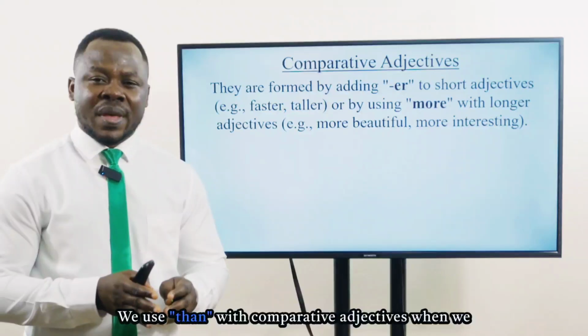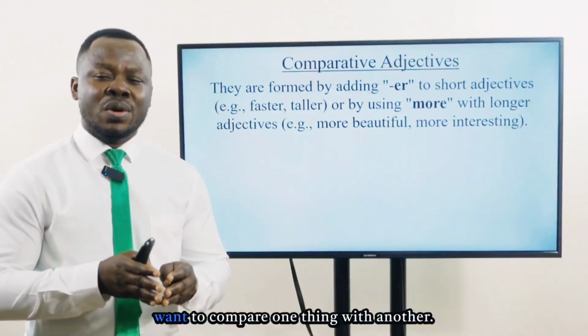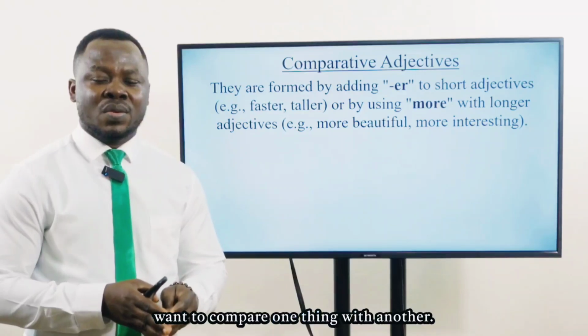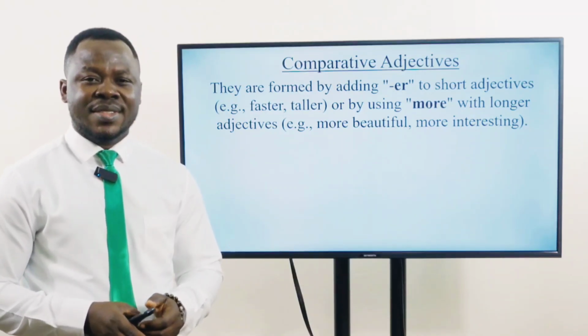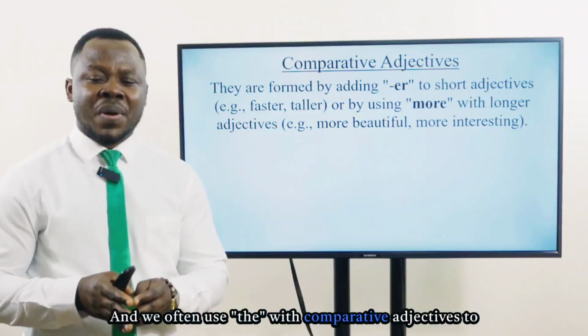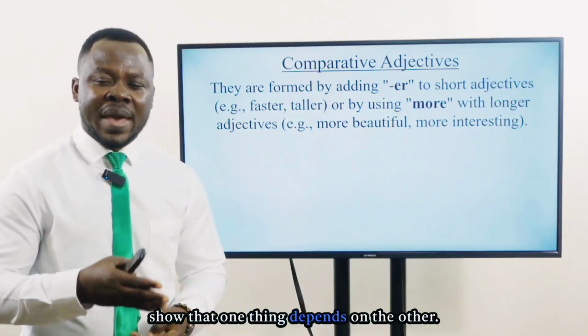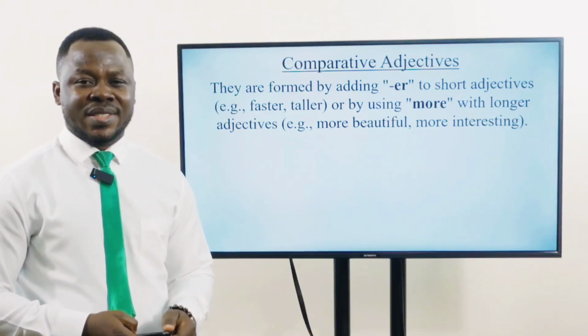We use than with comparative adjectives when we want to compare one thing with another. And we often use the with comparative adjectives to show that one thing depends on the other.